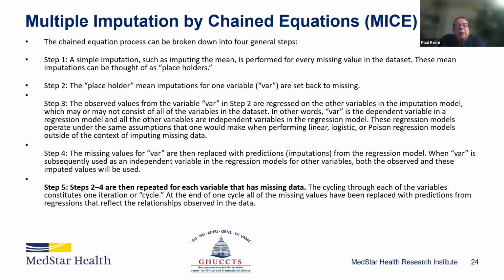Then when we get an imputed value for that missing value, it's replaced with those predictions from the regression model.